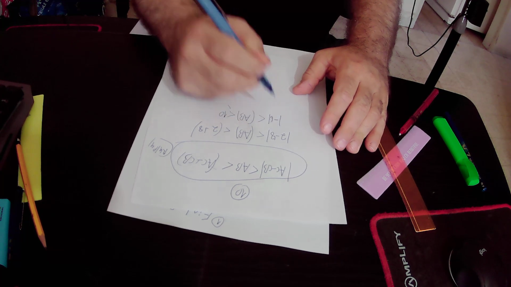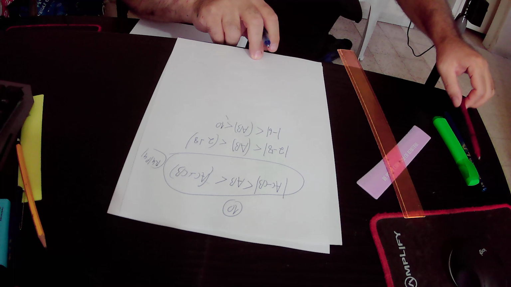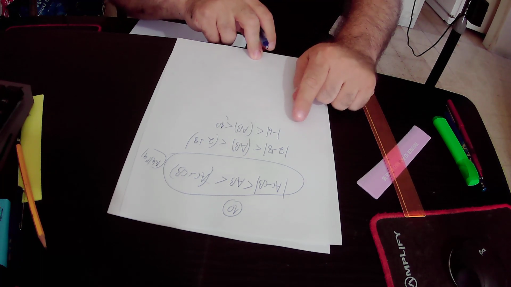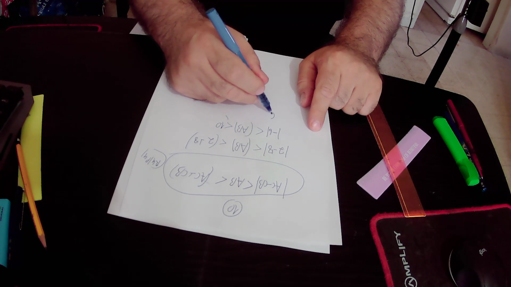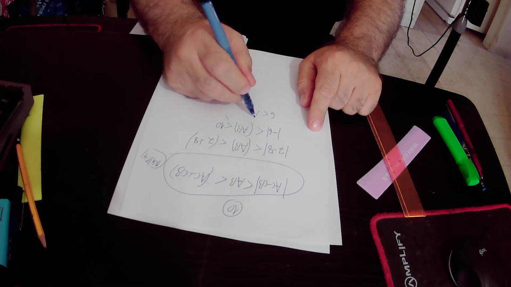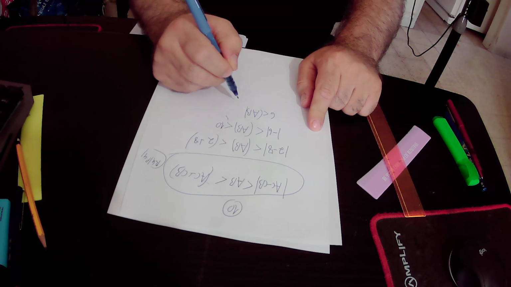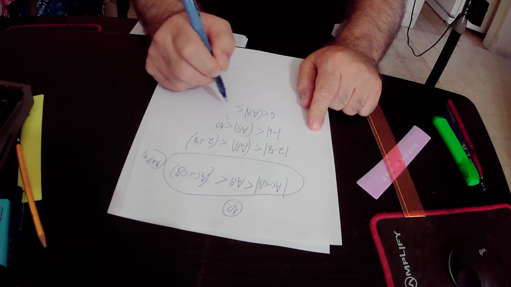The absolute value of any number is its distance from 0. The distance of minus 6 from 0 is 6 units. So the absolute value of minus 6 is 6. So AB is greater than 6 and it is smaller than 10.